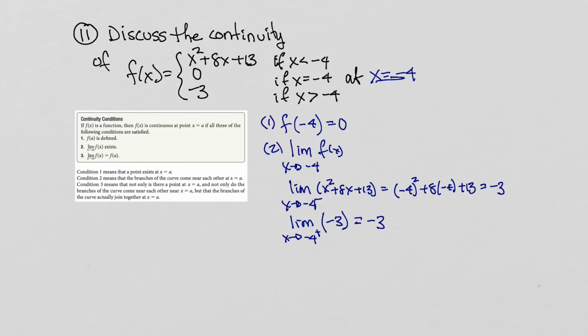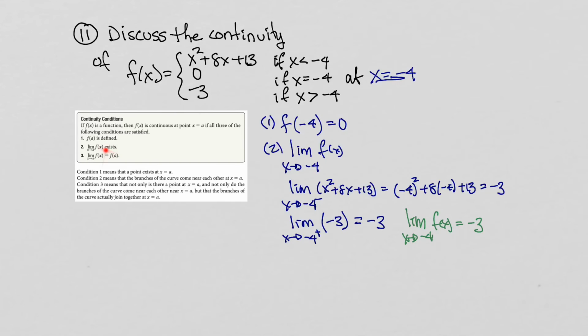As we approach -4 from the left side, the function's approaching -3. As we approach from the right side, the function's approaching -3. Because the limit from the left equals the limit from the right, the limit exists. So the limit as x approaches -4 of f(x) exists, and it equals -3.